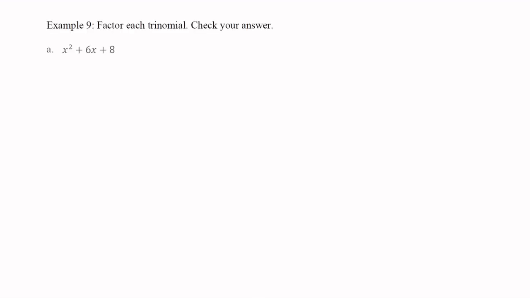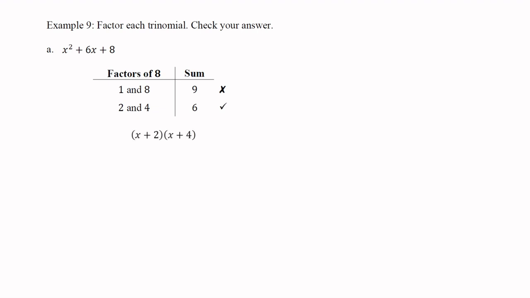So let's check out a couple of examples. Let's start with x squared plus 6x plus 8. We are going to find the factors of 8 that add to give us 6. So we start off with 1 and 8. Those add to give us 9, so that's not going to work. 2 and 4 multiply to give us 8 and add to give us 6, so that does work.